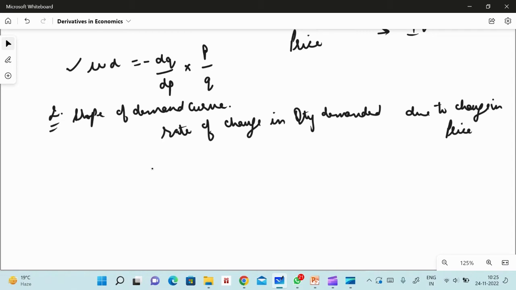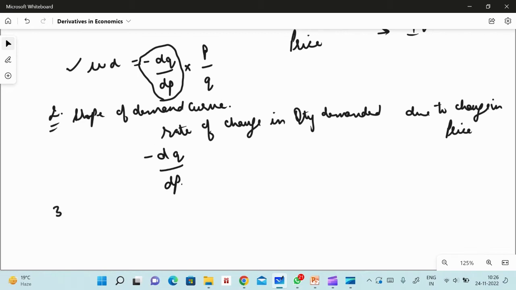So this is basically slope, and it is calculated as minus dq divided by dp. This part of elasticity of demand is represented as slope, and again we have this negative sign. Why? Because there is an inverse relationship between the price and quantity demanded, right?